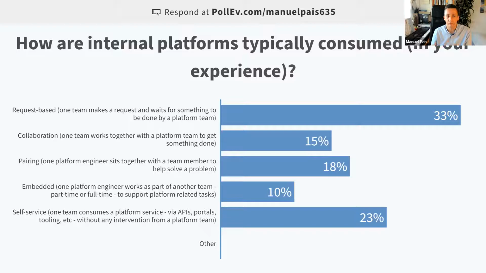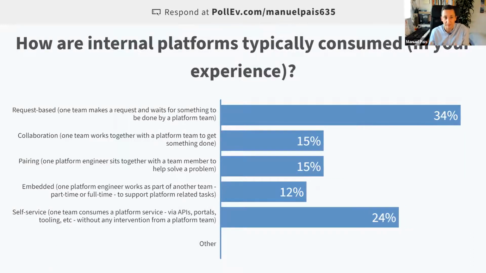And then self-service, where most of the platform services don't require requests or any sort of actual interaction. We just consume them like we would consume AWS services or SaaS services, where we're not expecting to talk to an engineer at that company to be able to use their service.